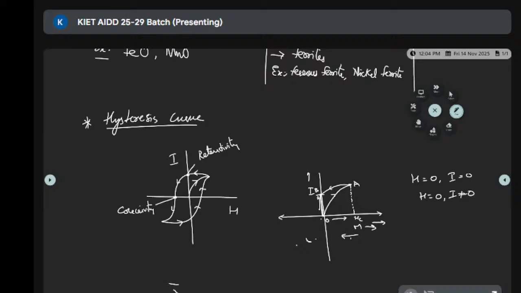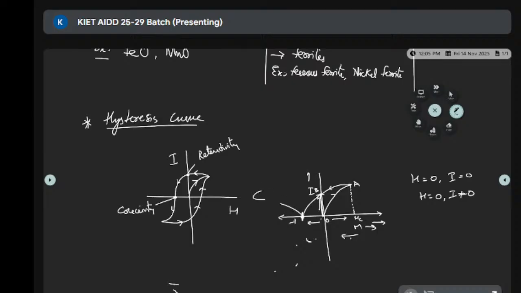Applied field is 0, but if I increase, it is increased. If I decrease, further, I make H value further less. Opposite H I am going to apply. Decrease, decrease. H is 0. Right. What is I? But H is 0. So minus.